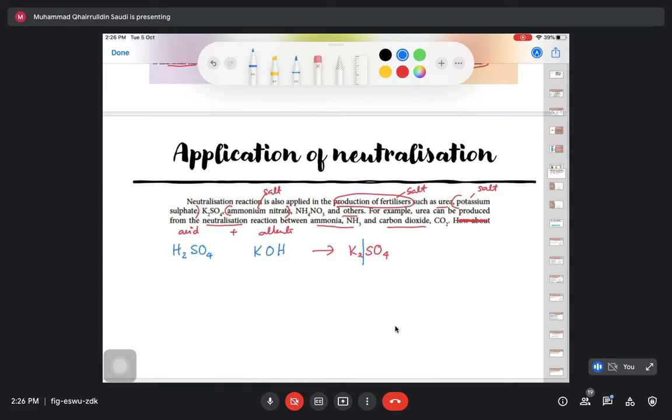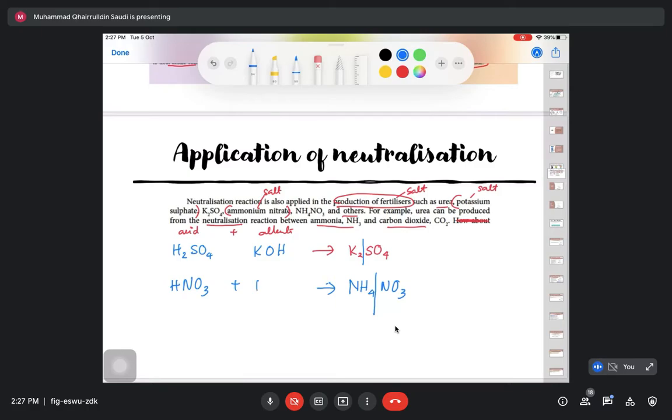Okay. How about ammonium nitrate? What is our alkali and what is our acid? Nitric acid. Okay, good. How about our alkali? Ammonium hydroxide.